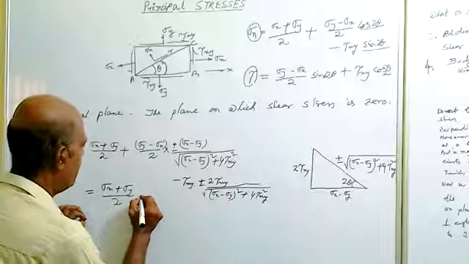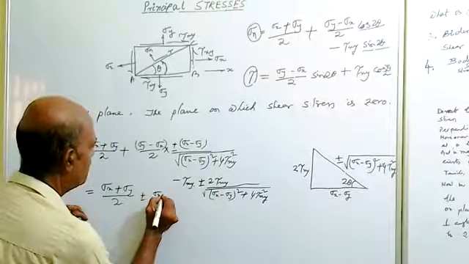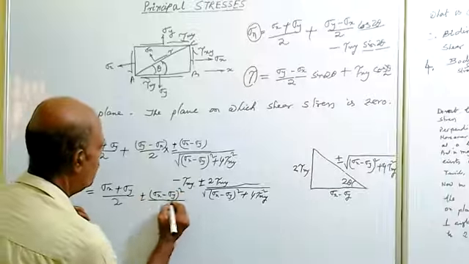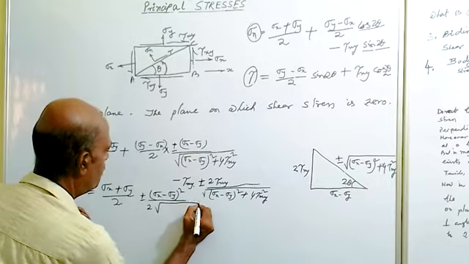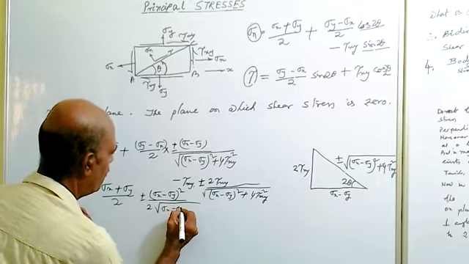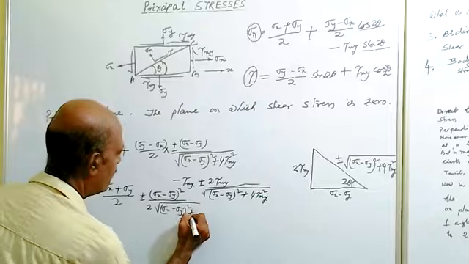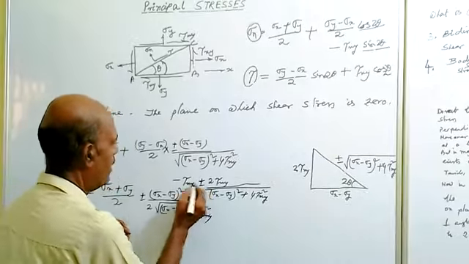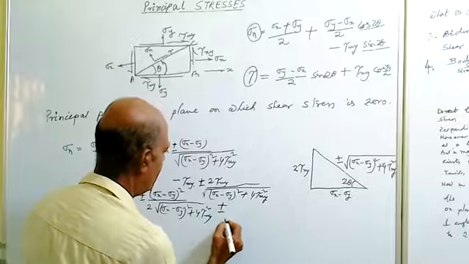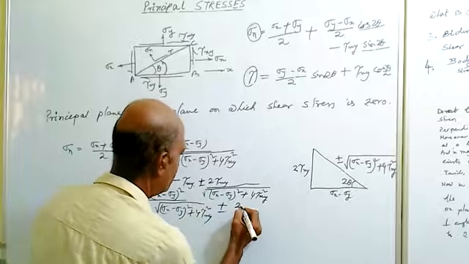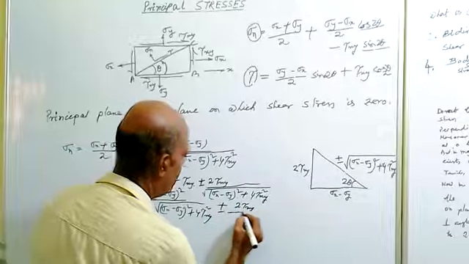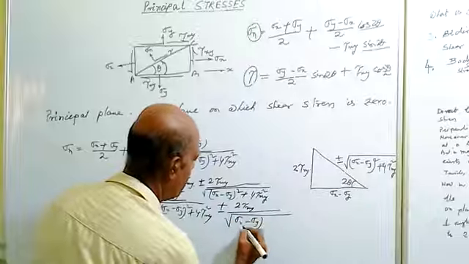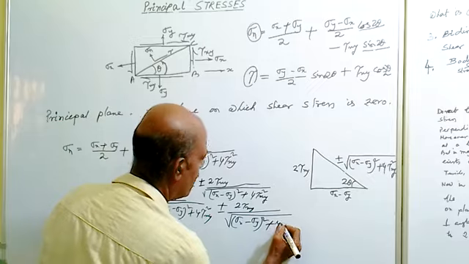So we can write directly here plus minus sigma x minus sigma y by 2 whole square into square root of sigma x minus sigma y whole square plus 4 tau square xy, plus minus into minus, so that will be also plus minus 2 tau xy divided by square root of sigma x minus sigma y whole square plus 4 tau square xy.